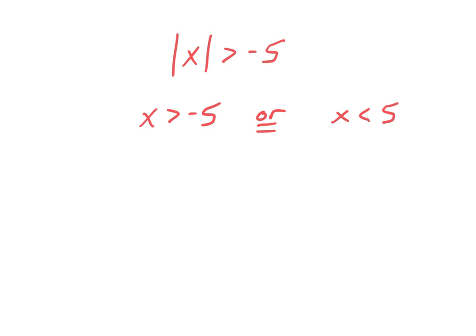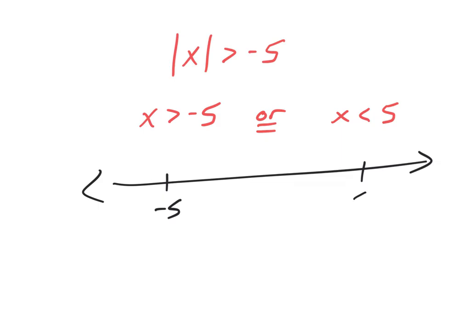Now here's where sometimes we get caught up on some things. Negative 5 is going to be a parenthesis, and it's going to be shaded to the right. Positive 5 is also going to be a parenthesis, but it's going to be shaded to the left.